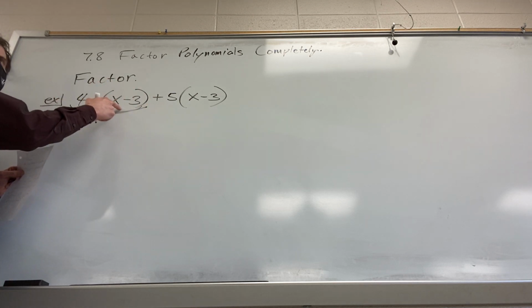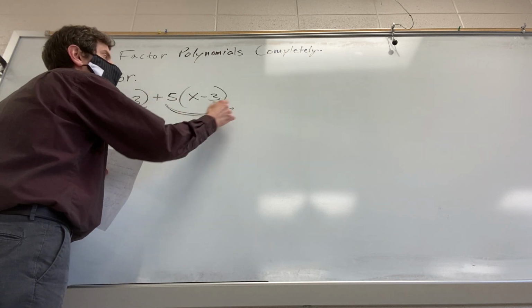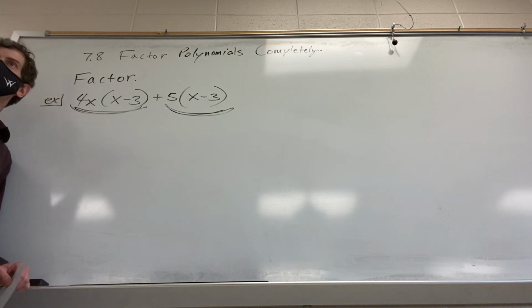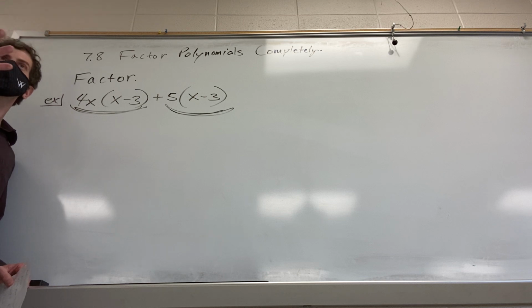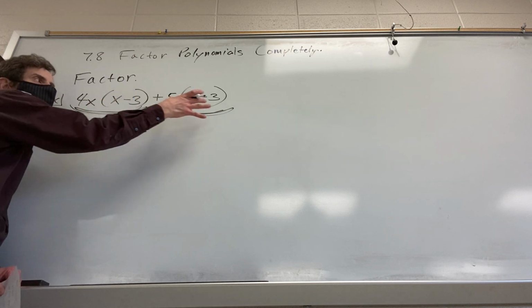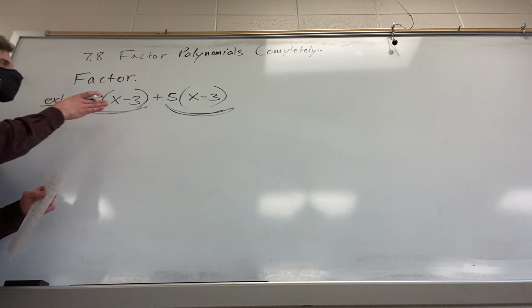thing has an x minus 3, doesn't it? As does this thing. So this is actually that last part of the AC method. It's the last step, isn't it? When we learned the AC method, our last step was we would factor out the common binomial. So be on your toes and realize, wait a second.